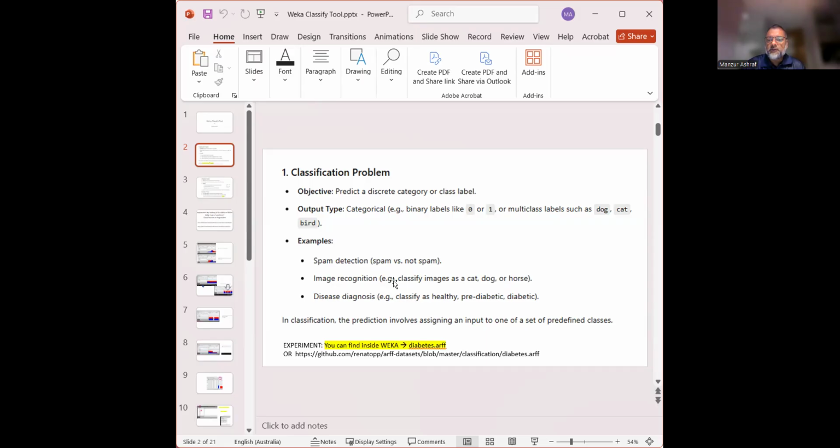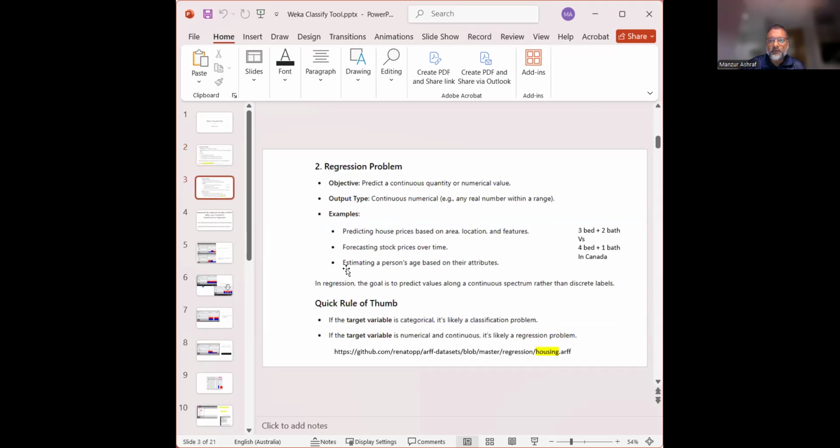Image recognition: suppose it is a cat, dog or horse, what type of animal we are dealing with. Disease diagnosis, like healthy or pre-diabetic, diabetic, for example. Most of the examples in WEKA, if you look at the database, you'll find that they are classification problems. Okay, good.